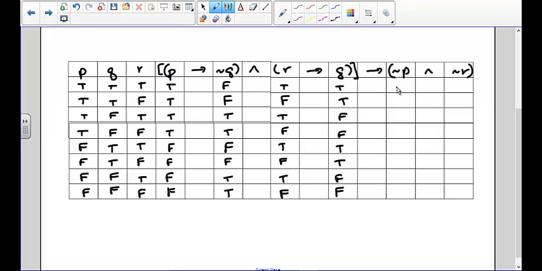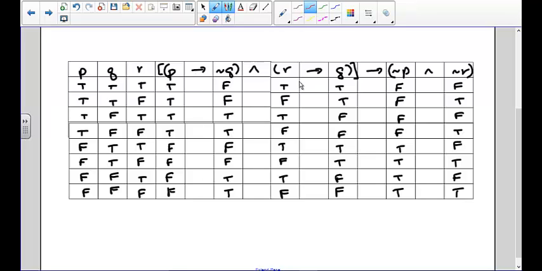Not P is false, false, false, false, true, true, true, true. And not R is false, true, false, true. So we're alternating, but we're starting with false, then going to true. Okay, so that's doing that part.